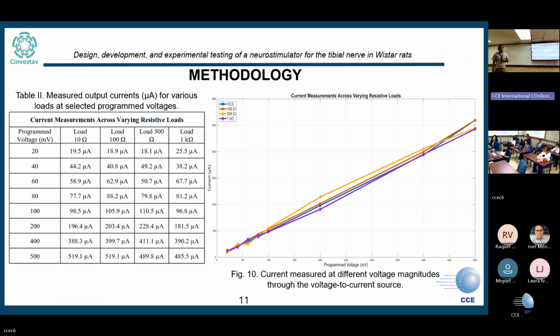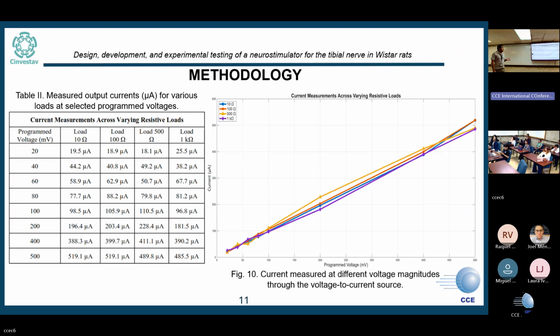We implemented the circuit with real components, and we tested it with some programmed currents. For example, with a voltage of 20 millivolts, we expect to obtain 20 microamperes.